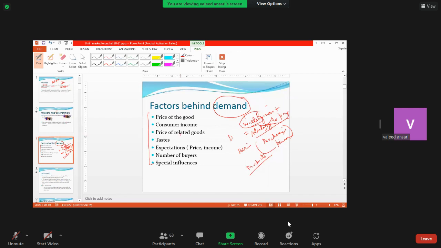A substitute product you can use in place of another, and there are certain products which are used in combination. Then taste and preferences, expectation about the future price and income, and the number of buyers which are there, and other influences like climate, weather, and so on may also affect demand.